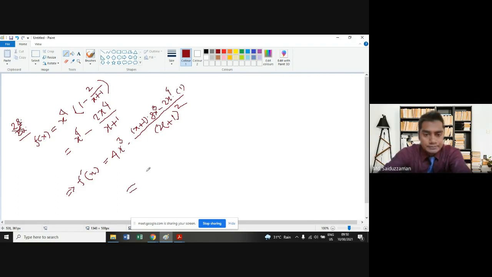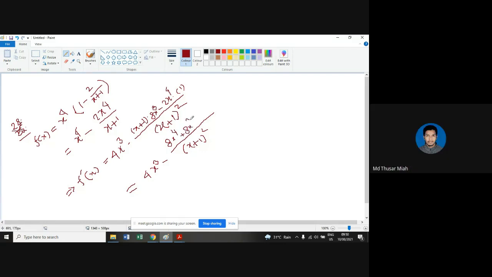Then it's done. 4x cubed minus x plus 1 squared, and here what will be the value? 8x cubed plus 8x cubed minus 4x to the power 4 minus 2x to the power 4.